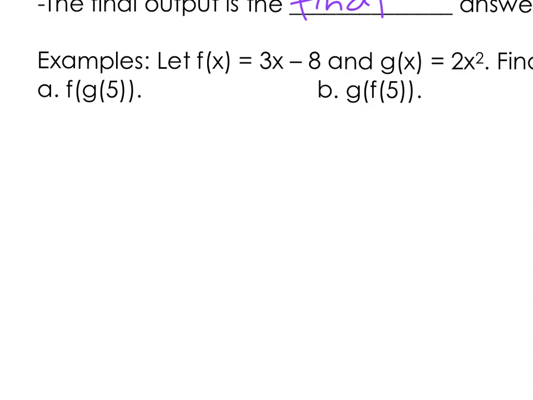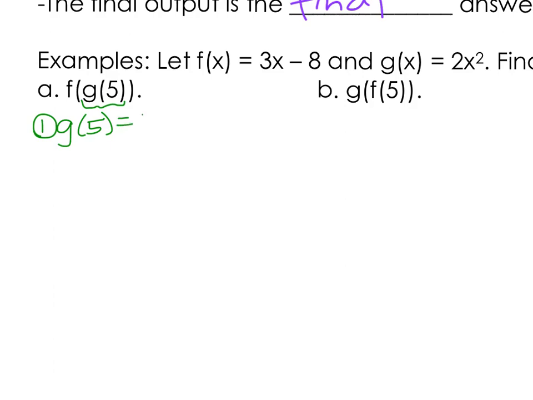Let f of x equal 3x minus 8 and g of x equal 2x squared. Example A, evaluate f of g of 5. So the plan is to work inside out. That means we're going to first start by evaluating g of 5. That will be our step 1. To do function notation, we just substitute the value in for x.